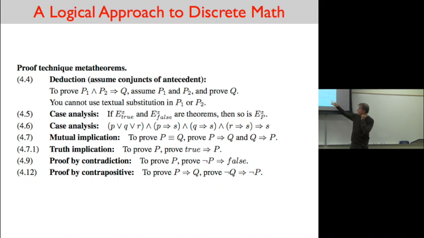It says the technique is called assume conjuncts of antecedent, and it says to prove P1 and P2 implies Q, assume P1 and P2 and prove Q. And this next little sentence is not on your equation sheet, but you might want to put it there. It says you cannot use textual substitution in P1 or P2.